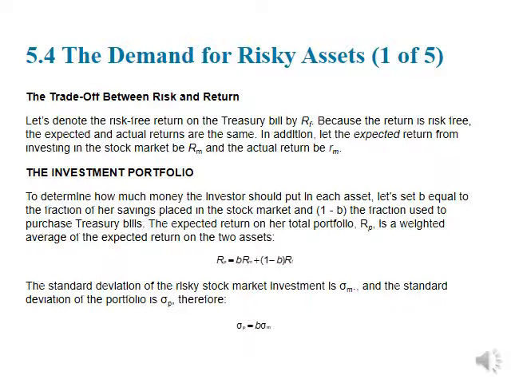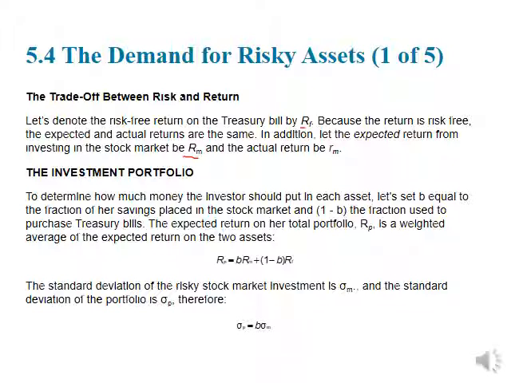In other words, risky assets must have higher expected returns, otherwise risk-averse investors would only buy the risk-free assets. Let's assume treasury bills are risk-free and examine this trade-off with treasury bills and stock market assets.